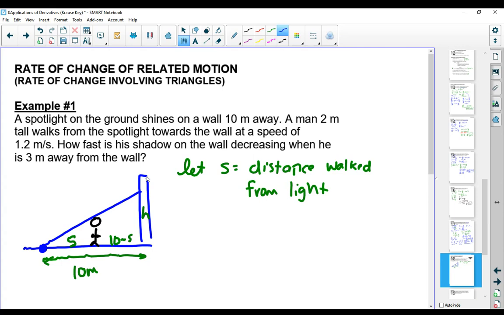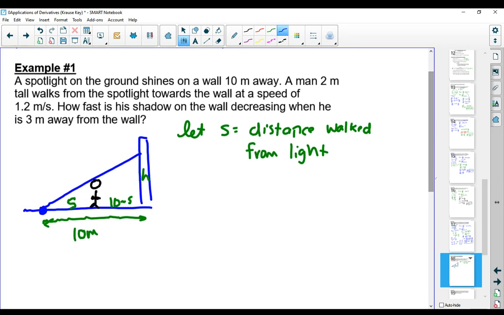Now, if we look at what we're given, we're told that the man is walking towards the wall at a speed of 1.2 meters per second. So we're given his distance with respect to time, ds/dt, is 1.2 meters per second. And we're being asked, how is his height changing?